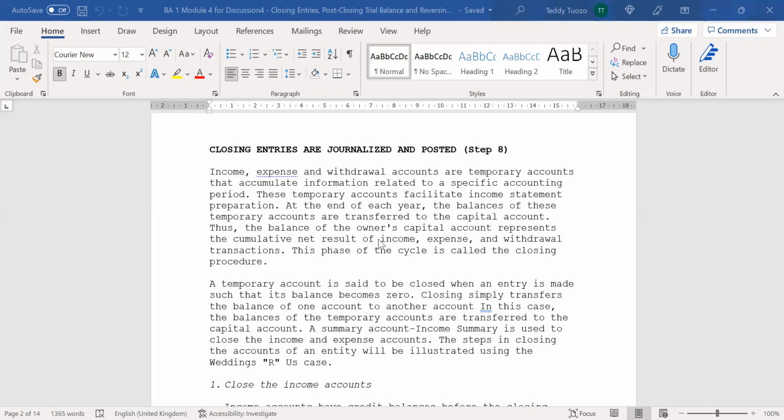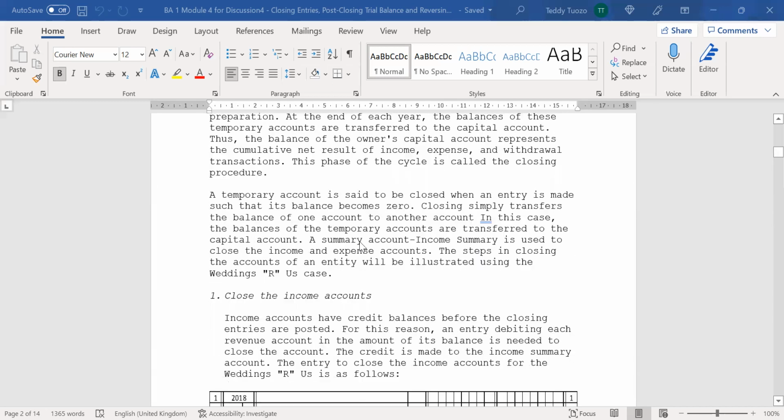Thus, the balance of the owner's capital account represents the cumulative net results of income, expense, and withdrawal transactions. This phase of the cycle is called the closing procedure. A temporary account is said to be closed when an entry is made such that its balance becomes zero. Of course, whatever the balance is, when you close it, it would become zero. Closing simply transfers the balance from one account to another.